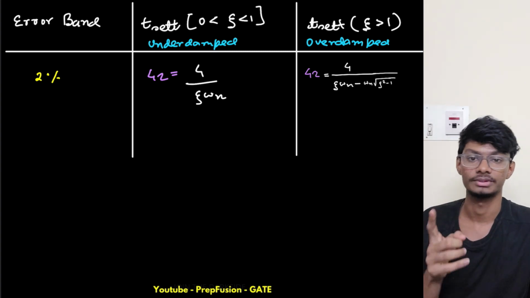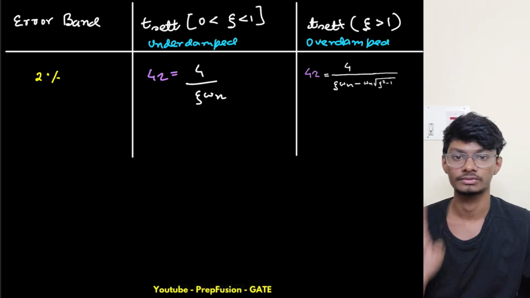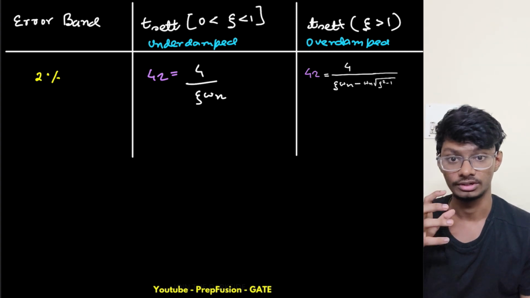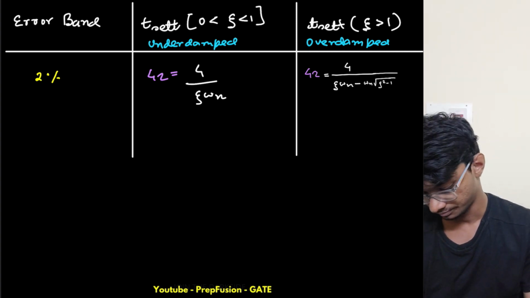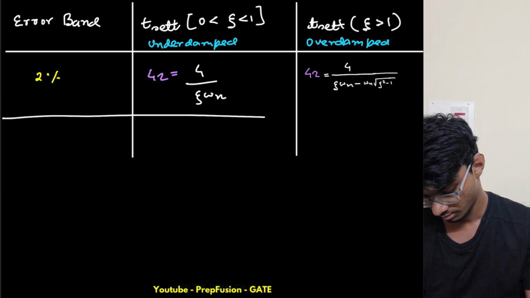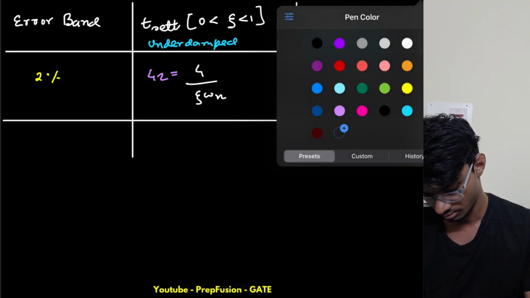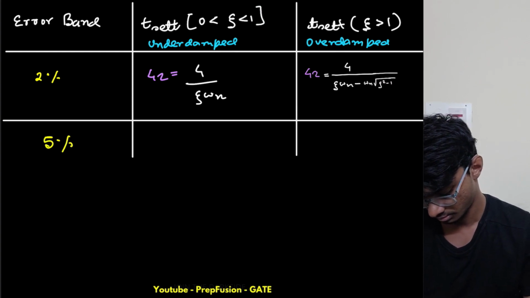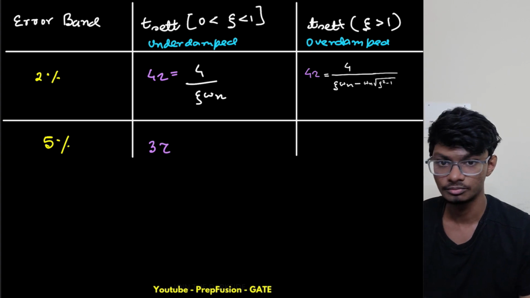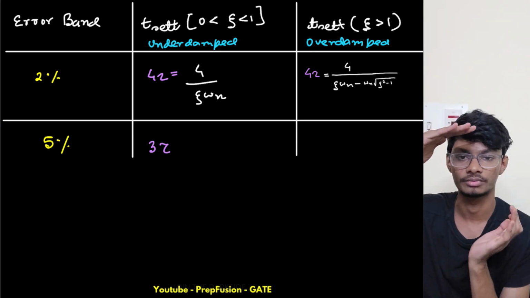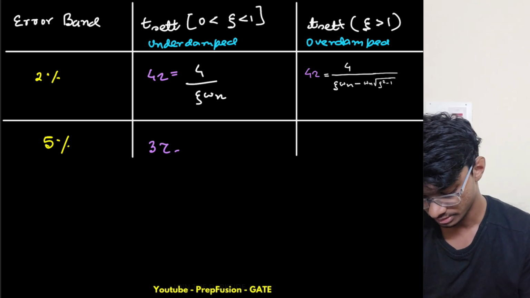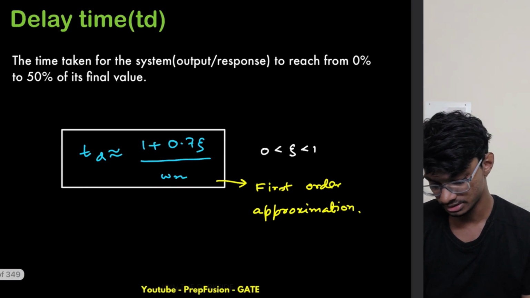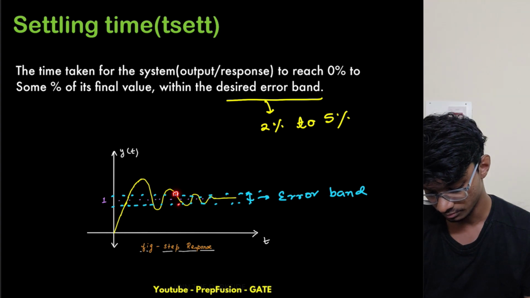So this is for the case of 2% error band. Now what is it for the case of 5% error band? You remember for the first order case, it was 3 tau. I hope you understand why it is 3 tau: because the error band is broader, there is more headroom, so the system reaches within the error band in lesser time.